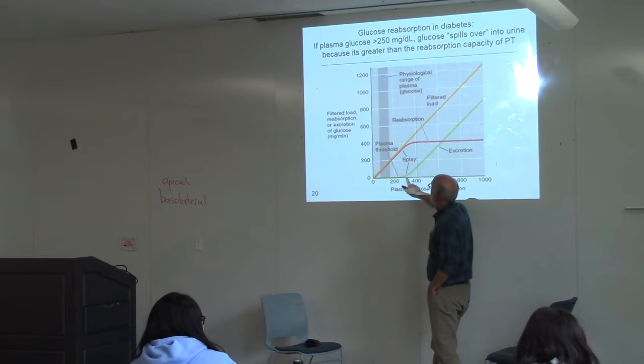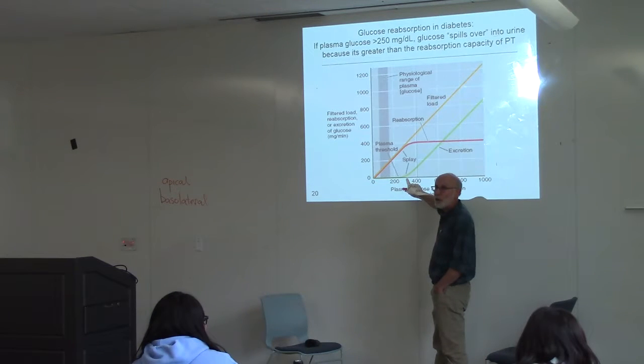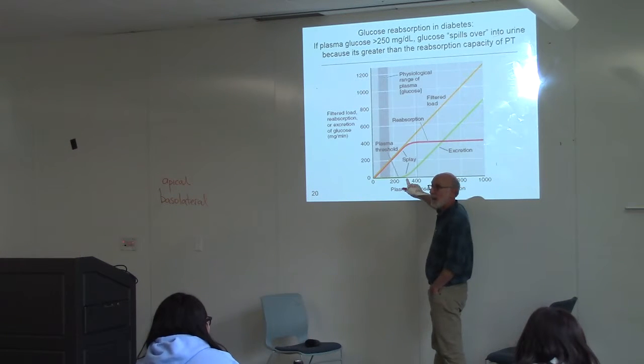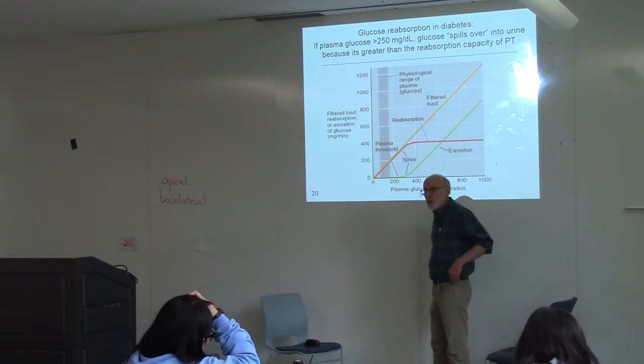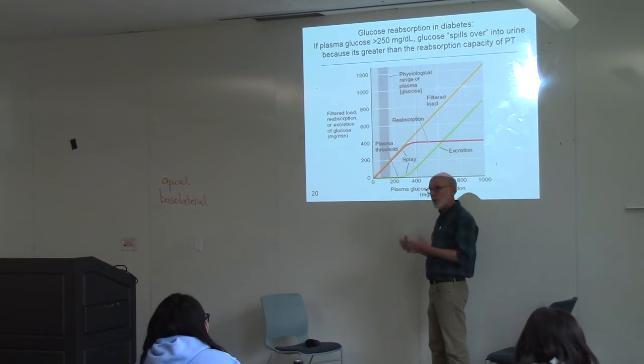But if the glucose concentration gets above about 250 or 300 milligrams per deciliter, which happens in diabetes, then the mechanisms of the proximal tubule, the sodium glucose cotransporter and the glucose uniporter, working as hard as they can, can't recover it all.